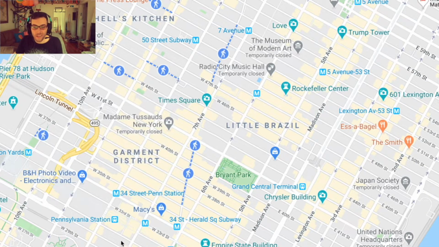So for instance, if we wanted to set up a pseudo coordinate plane equation and we're going from, say, the corner of 6th Avenue and 38th up to 46th Street, and we want to go over to 10th Avenue, we would take our numbered street of 46 minus 38, those would be our y values.